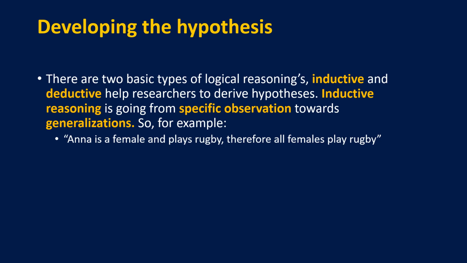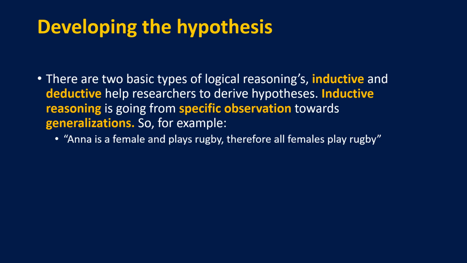So the first thing you've got to think about now is developing your hypothesis. And there are a number of little tricks and things to think about here. The first thing is, there are two basic logical approaches, what we call inductive and deductive. So an inductive hypothesis, or inductive reasoning, is the connection between the question and the hypothesis. An inductive question is one which comes from specific observations and goes to generalization.